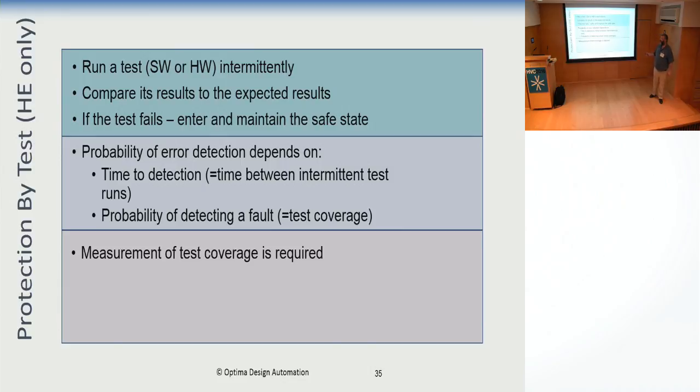The probability of error detection depends on the time to detection and the probability of detecting a fault. And the probability of detecting a fault is critical here, because unlike theory, in practice, a test does not cover all the possible hardware failures. It covers some, maybe many. We know in manufacturing tests, we use non-functional tests, structural tests, that get you very high, 96, 97, 98, theoretically even 100.